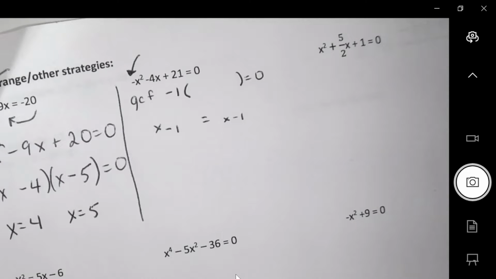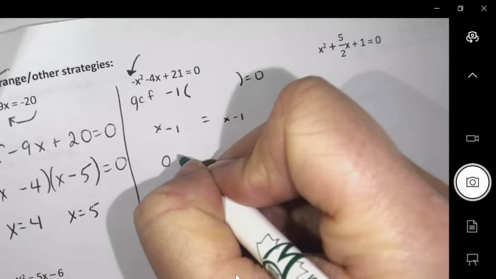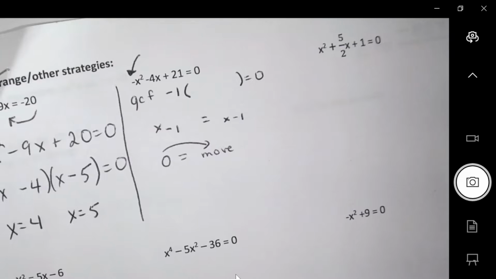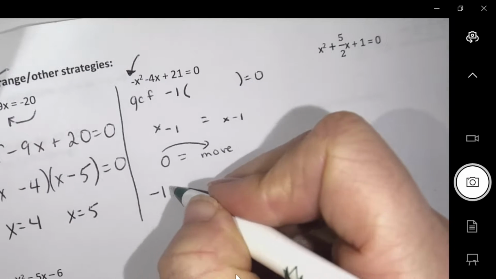Or I could move everything to the other side of the equation. Those are 3 things that you could have thought of to get rid of that negative. It doesn't matter what you pick, you're going to end up with the same answer. So let's pick the GCF method.